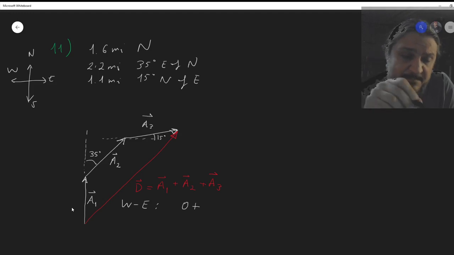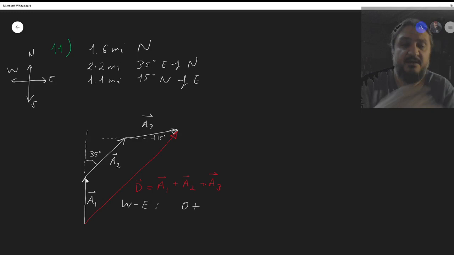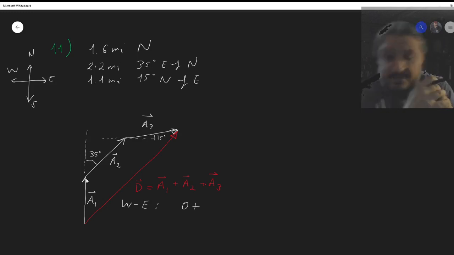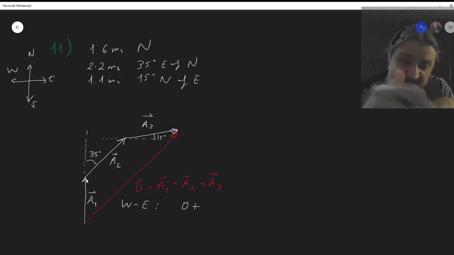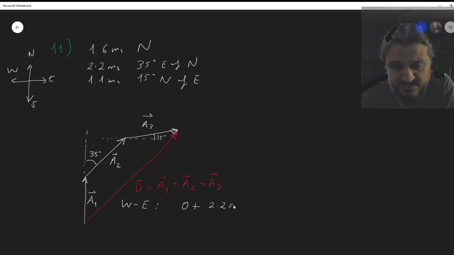If you consider the right triangle formed by the hypotenuse, which is A2, and these two lines here, you can easily see that its component along the east-west direction is A2's magnitude times sine 35. So we have A2 magnitude, that is 2.2, times sine 35.